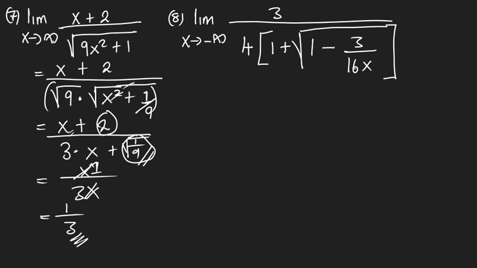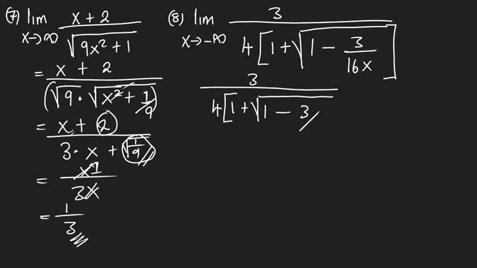On top, you do not have x. You only have a constant. So for this particular question, just go directly. So you're going to have x all over by 4, open bracket, 1 plus, then this is going to be the root of 1 minus 3 over 16, negative infinity.